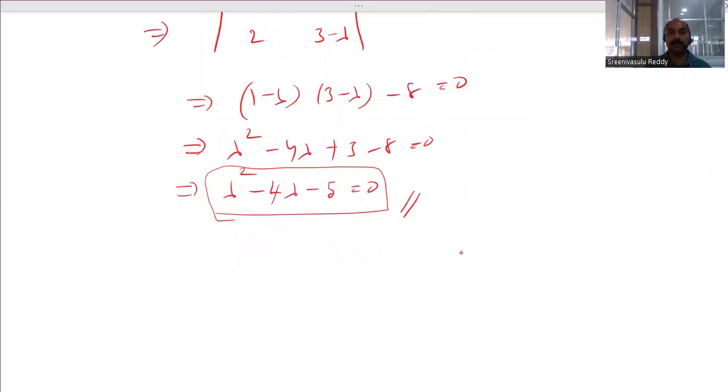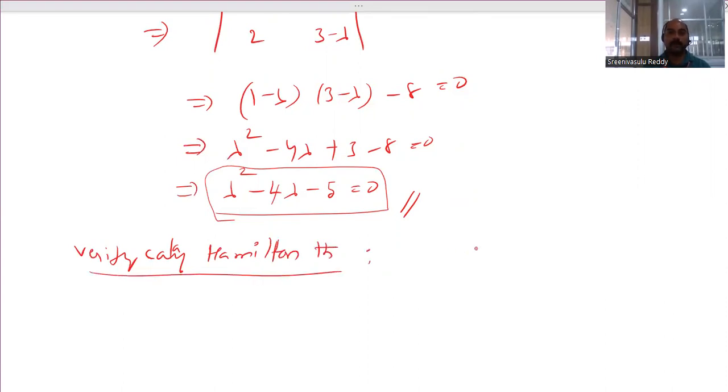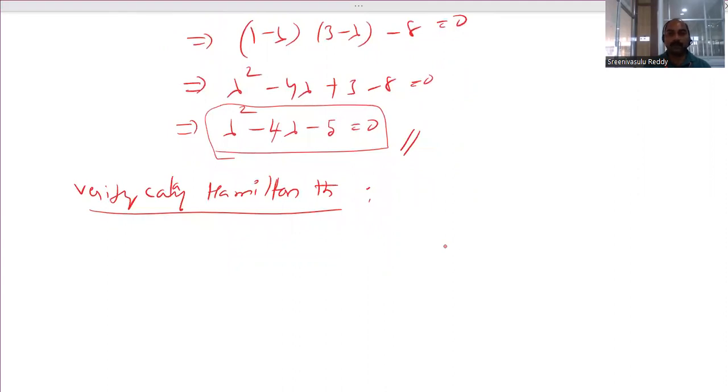Now verify the Cayley-Hamilton theorem. Take the characteristic equation, take the LHS and simplify it so that we get the RHS, in place of the matrix.